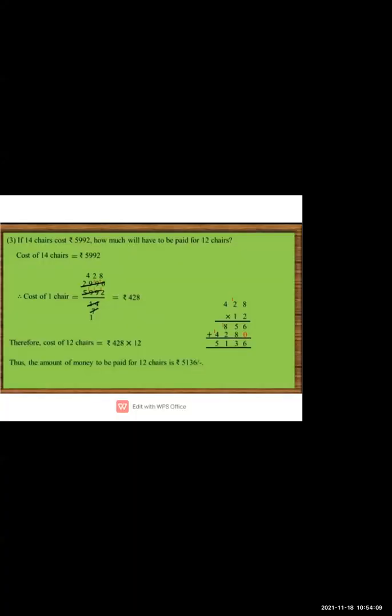See here. If 14 chairs cost rupees 5,992, how much will we have to pay for 12 chairs? Here the price of more chairs is given, that is 5,992 for 14 chairs.